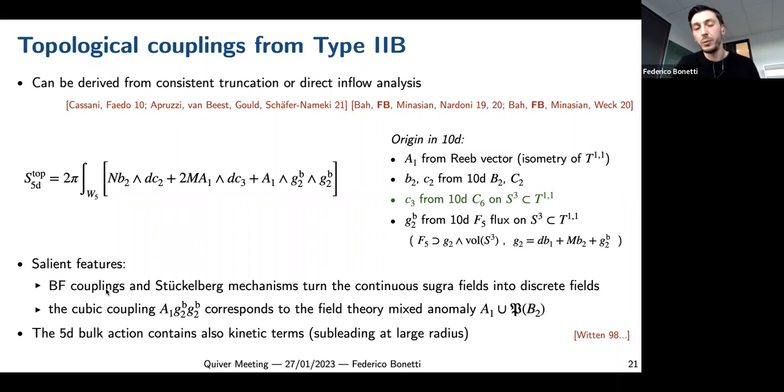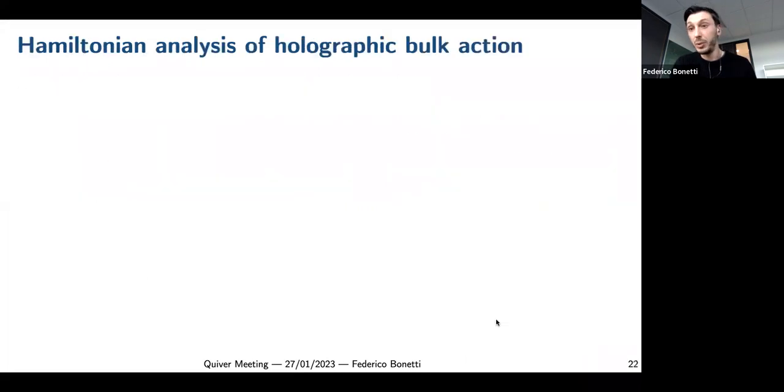So this is, if you wish, how supergravity knows that we are dealing with discrete global symmetries as opposed to continuous ones. And as is kind of clear, but I'd like to emphasize, this cubic coupling that involves A and this 2-form G2, this is the supergravity avatar of the field theory anomaly ABB.